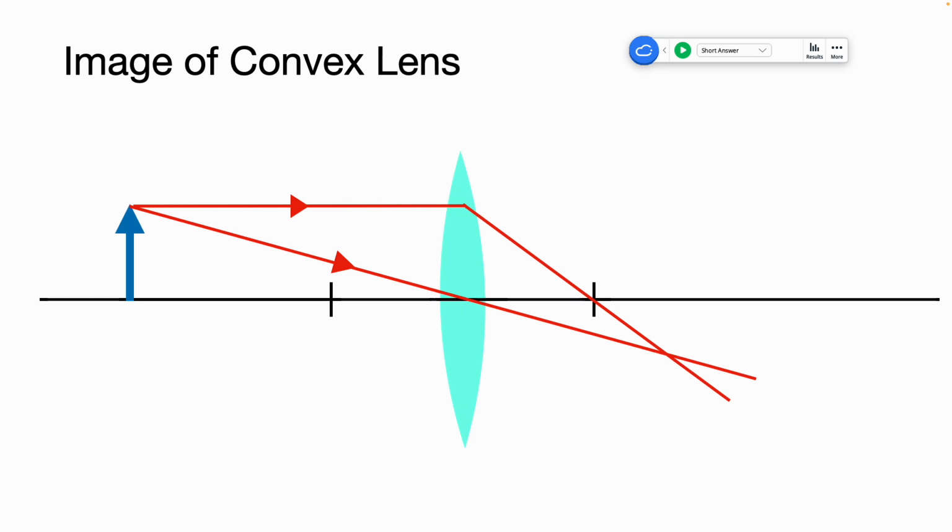It just keeps going straight. So now you see the light rays pass through a point. So when your eyeball is over here, you will think that the light coming from this point actually comes from this point, because that's where the light appears to come from, and you will have an upside down image. That is the case for this one.